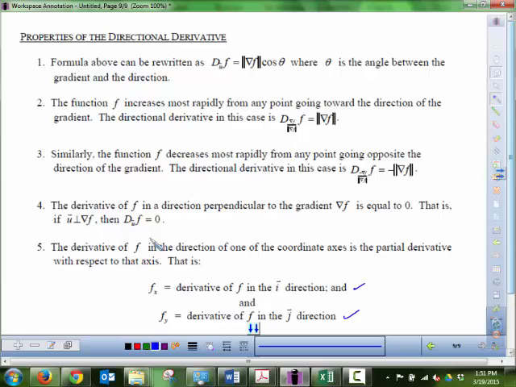Instead of walking in the direction of the gradient, if you walk in a direction that's perpendicular to the gradient, what's going to happen? You're walking along the tangent, you're not going to change in height. You're going to walk along the level curve, and so your height will not change. So the derivative along that direction will be 0 because there's no change in height.